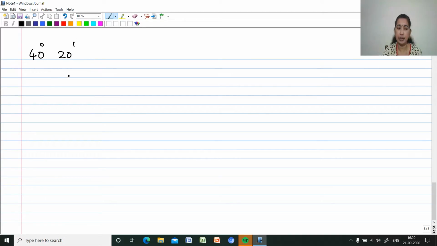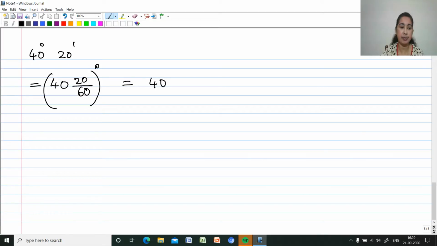Then only we can convert to radian measure. 20 minutes means it is 20 by 60 degrees. So 40 and 20 by 60, total, is in degrees now.